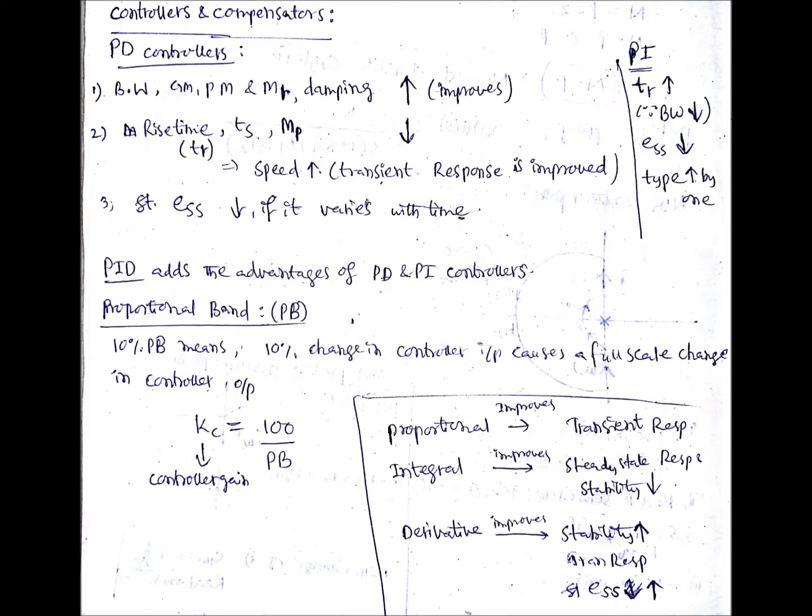And derivative is going to improve stability and transient response, but the steady state error is going to increase. Right, if you look into these things, you will get to know.